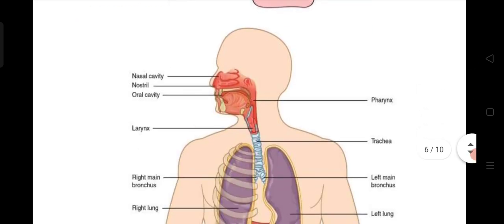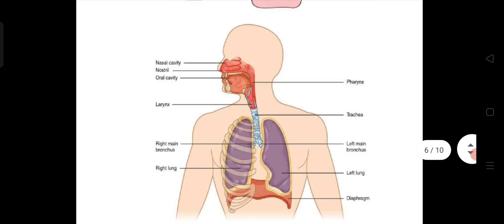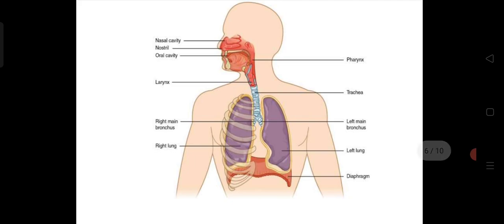Now this figure shows the different parts involved in the respiratory system. The first is the nasal cavity. There are two nares, the two holes through which inhalation and exhalation take place, that is, the nostrils.